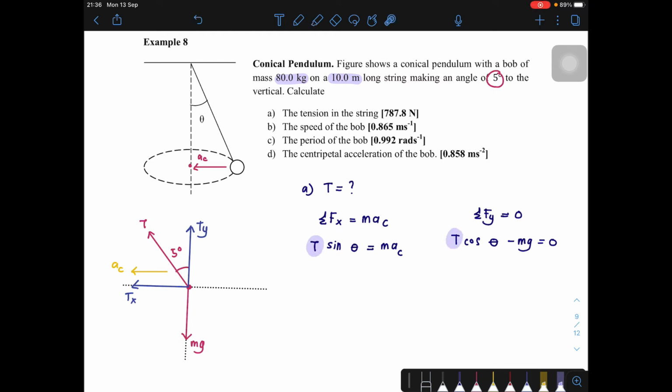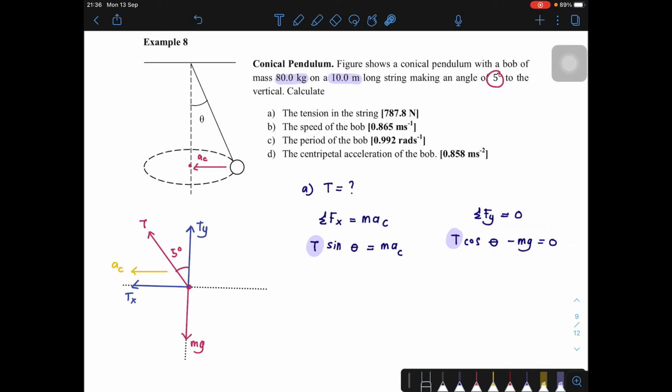Okay, so kalau kita gunakan this one untuk solve value T, okay, we need to find ac dahulu, because we don't have ac, kita ada mass dan radius, or not radius, the length of the string only. If we want to solve using this one, okay, kita ada value for mass, we are given the mass 80 kg, and we know that g is 9.81, so it's easier if we solve using this one.